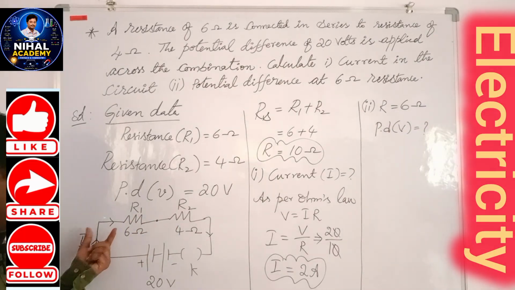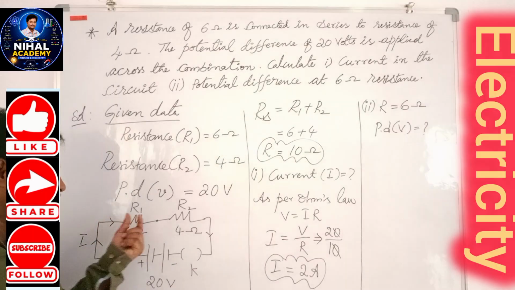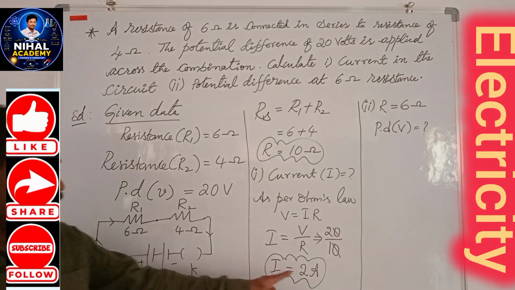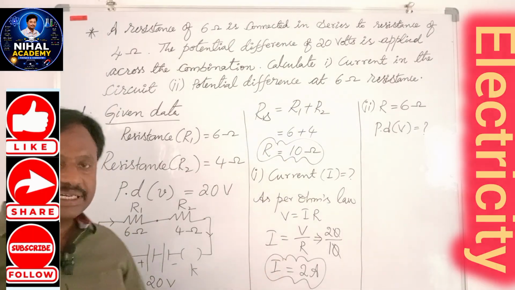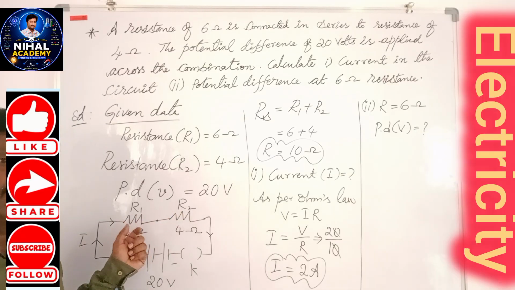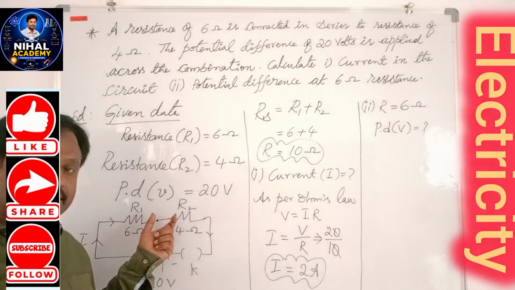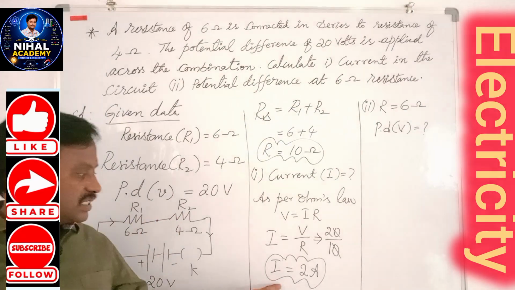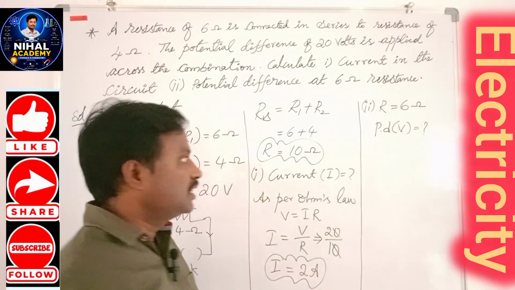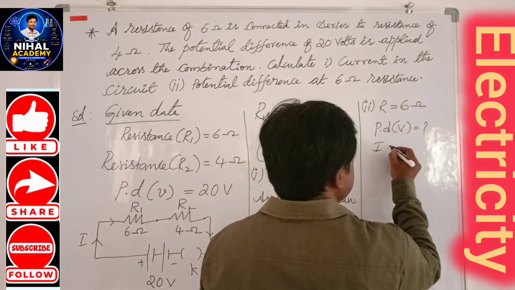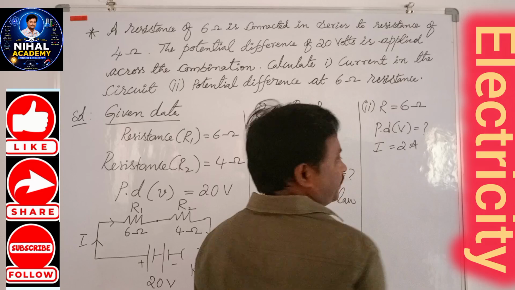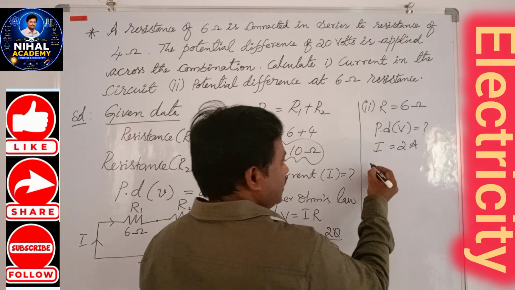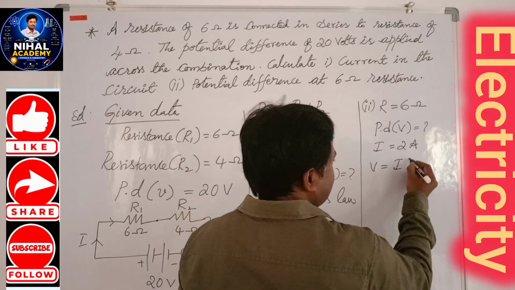So the same amount of current passes through the two resistors, that is equal to 2 amperes. We know that in series connection, the current passing through the resistors is constant. So that's why I is equal to 2 amperes. As per Ohm's law, V is equal to IR.